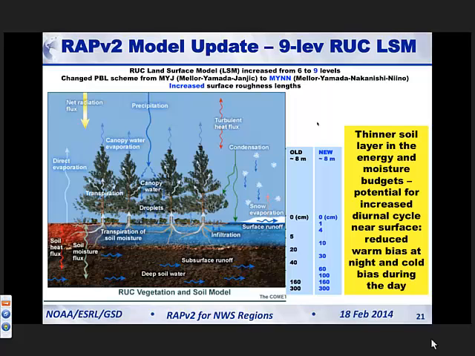And so that was quite evident in doing verification on that. So you can see here that previously the second level was down at 5 centimeters, and now there are new levels at 1 and 4 centimeters, and then a little higher resolution here. And again, that's an improvement for the diurnal cycle, and then in turn the boundary layer structure and even storm environment during the warm season.